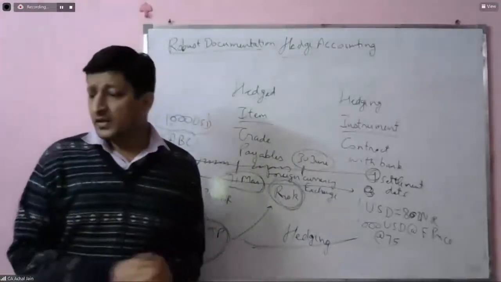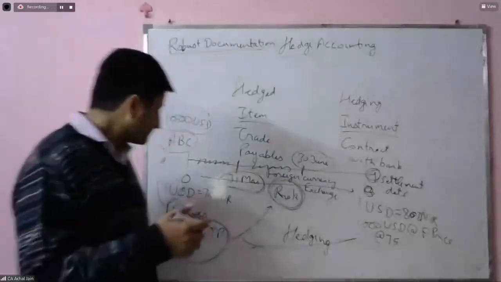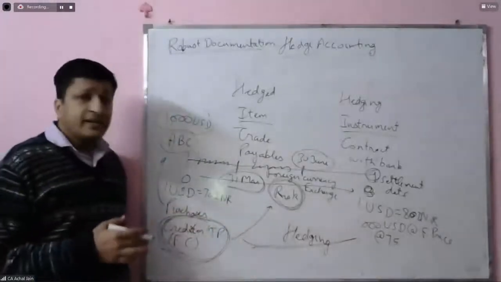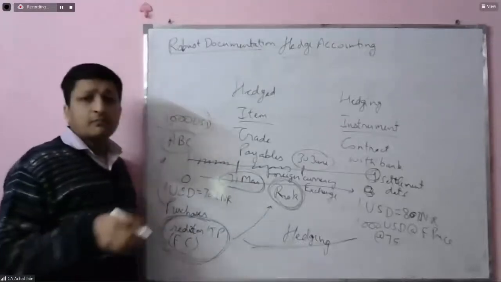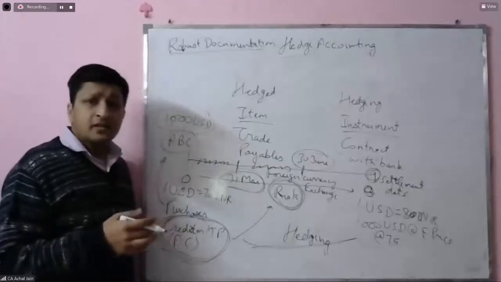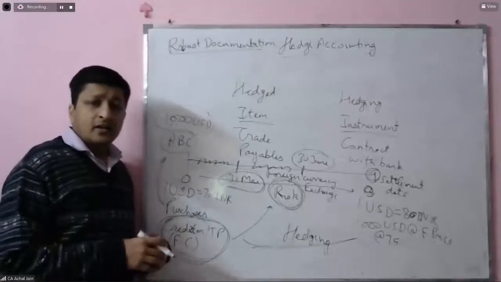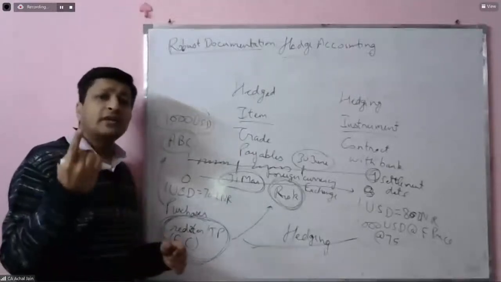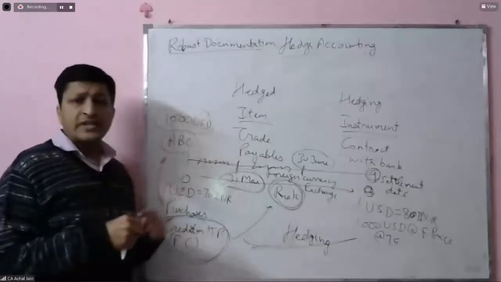Let's understand how this may become difficult to achieve. See, currently we are looking at theory, we are looking at an example. But practically, things will not be so simple to understand. Practically, you will not see only one transaction for which an entity will enter into hedging.